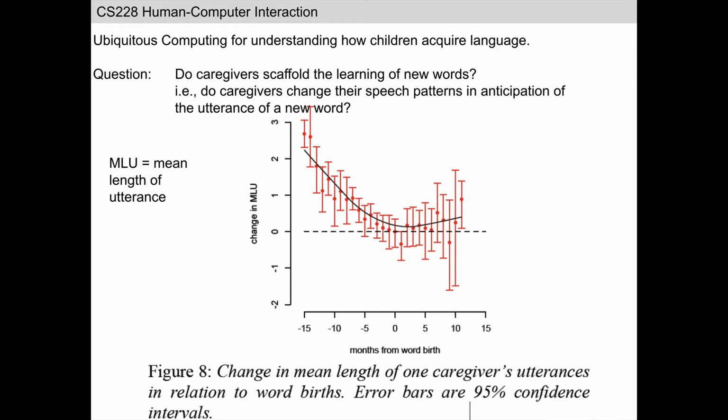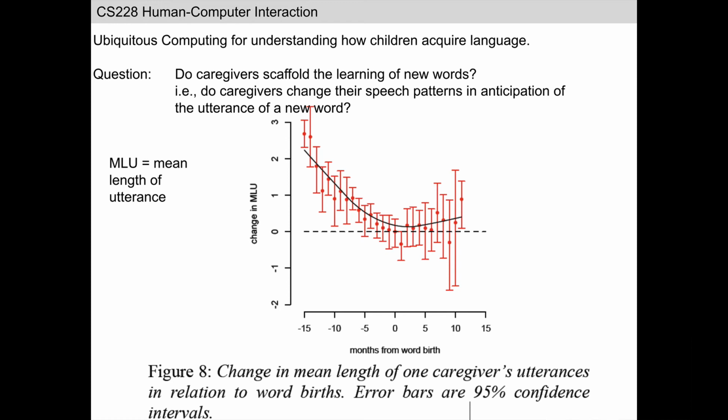Okay, so this plot takes a little bit to digest, so let's, as usual, go through the horizontal axis and then the vertical axis. On the horizontal axis, we have time again, but not 9 to 24 months. We have at the center here the moment at which the word was birthed by the child.